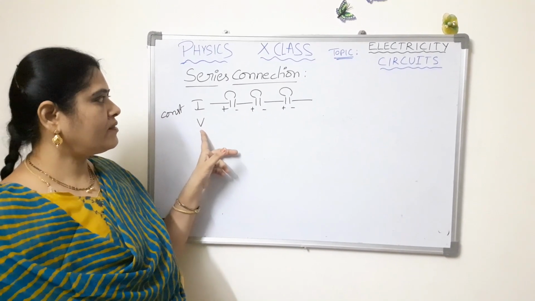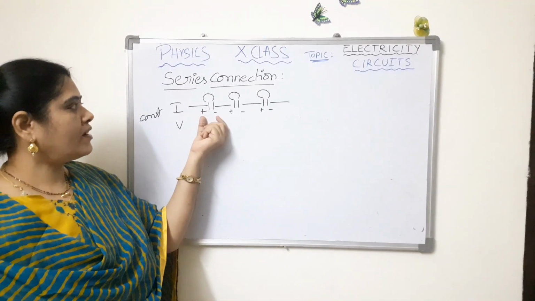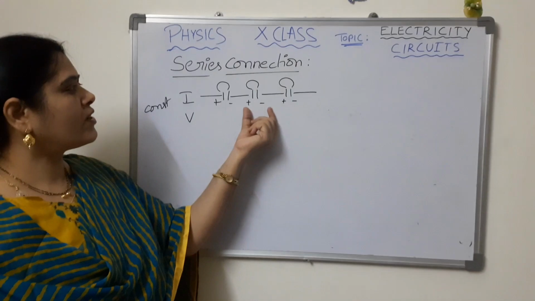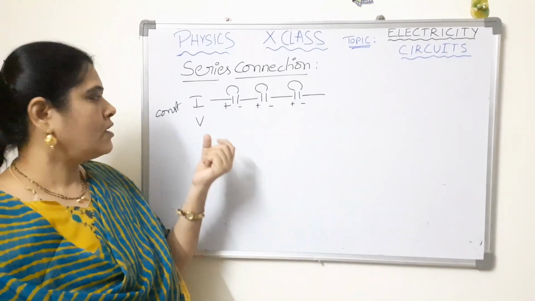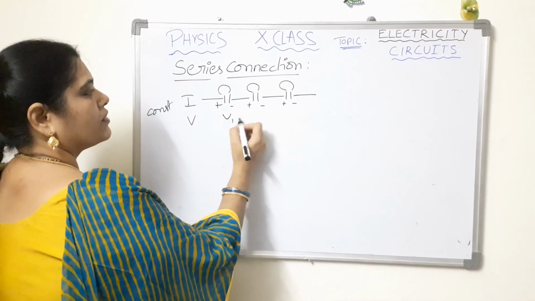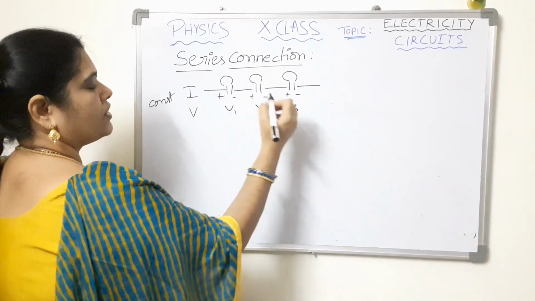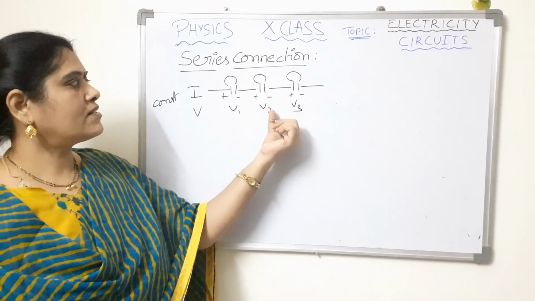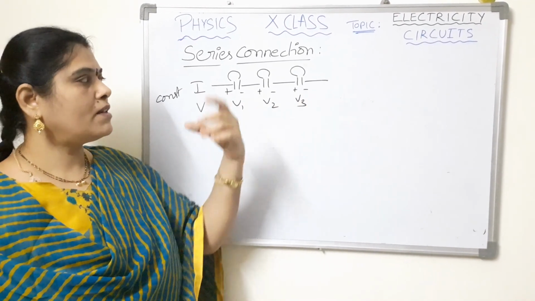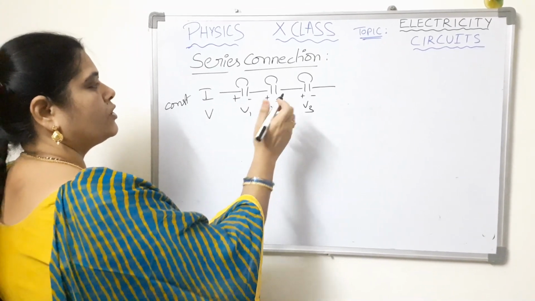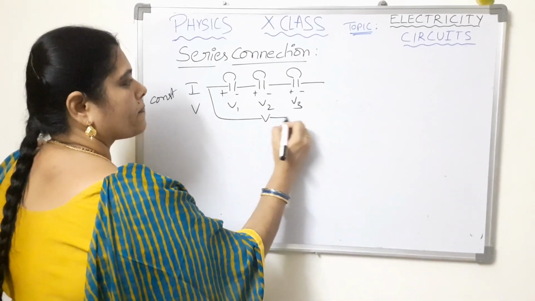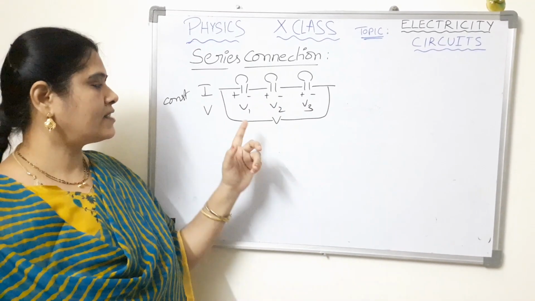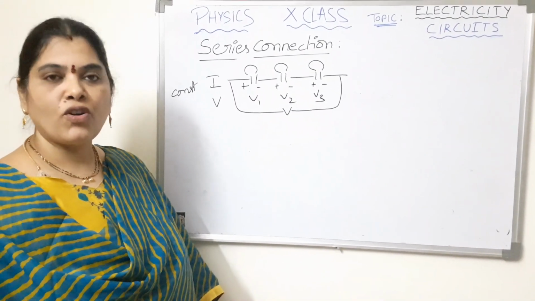But what about the V? We can take the different potential differences for these bulbs. So if it is V1, V2, V3, by using a multimeter we can find the potential differences across all these three bulbs, and if you find the total potential difference at the end of the wires, that is called V. Then what will you observe?